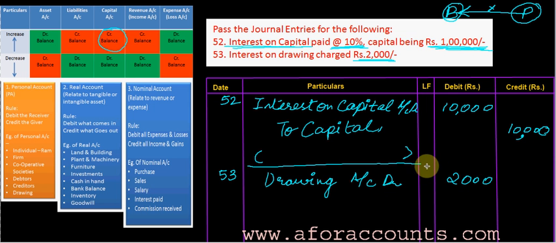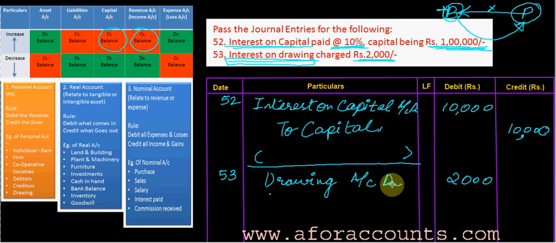Now what is interest on drawing? The proprietor withdrew money. So the business is now charging interest to the proprietor. Business is charging interest to the proprietor. So it is income for the business. When it is income or gain, what is the rule? When it is income for the business, it has to be credited.